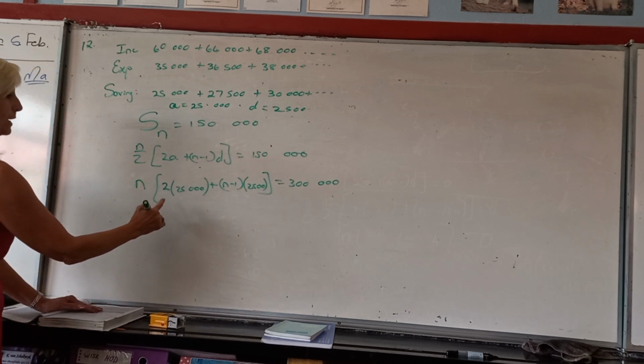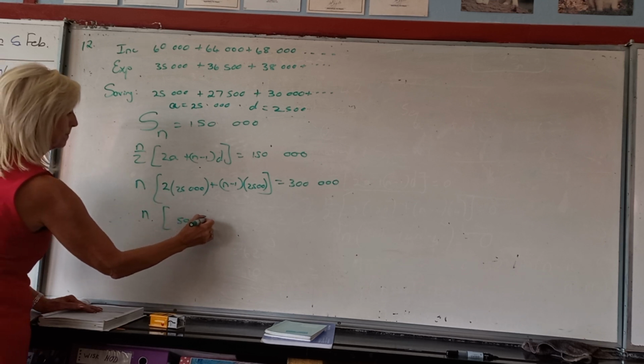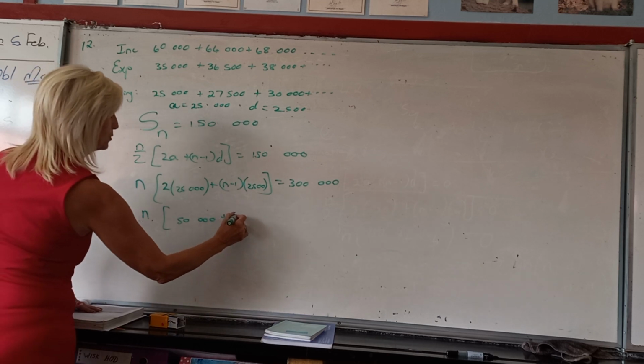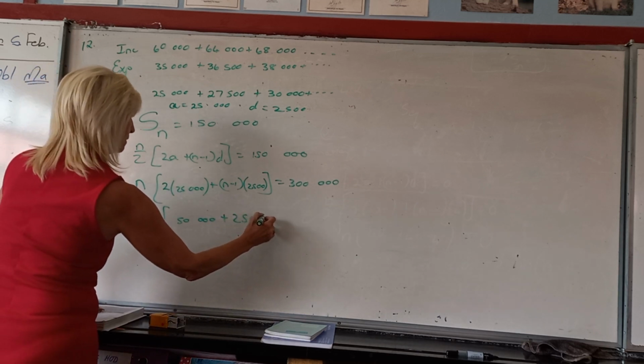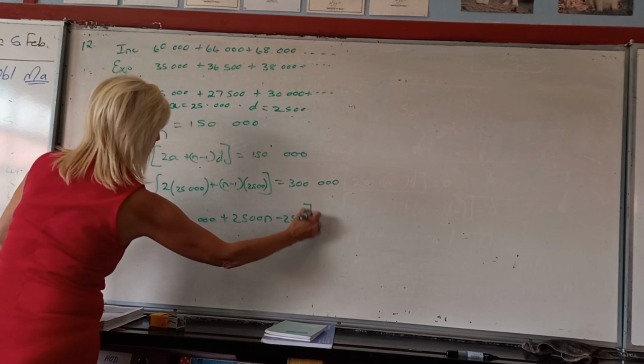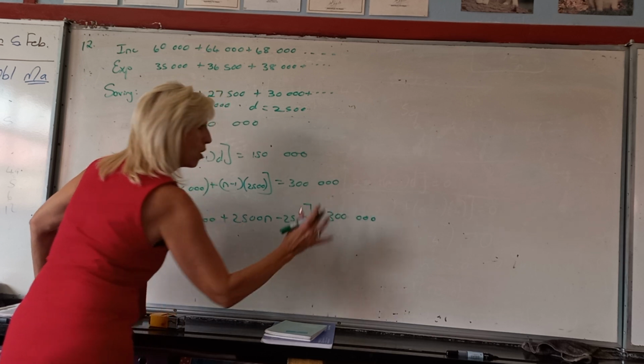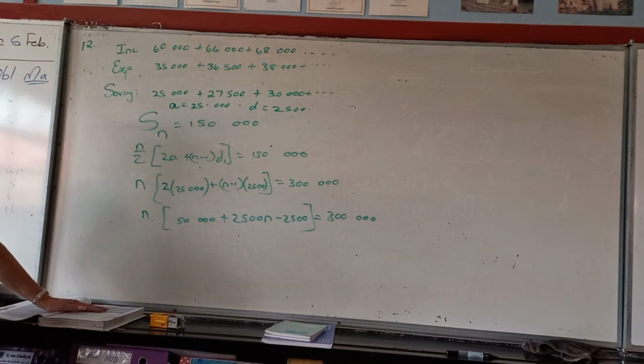And we are solving. So this would be 50,000 plus 25,000, 2,500 n minus 2,500. I'm doing it the other way now. Equals 300,000. Just large numbers. That's all that it is.